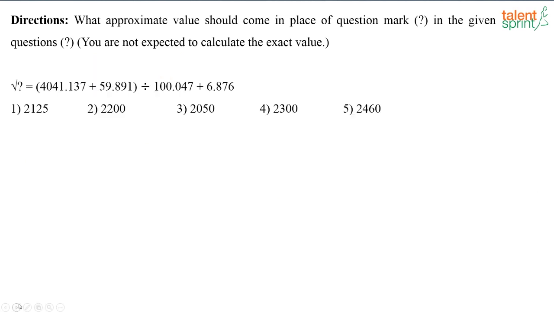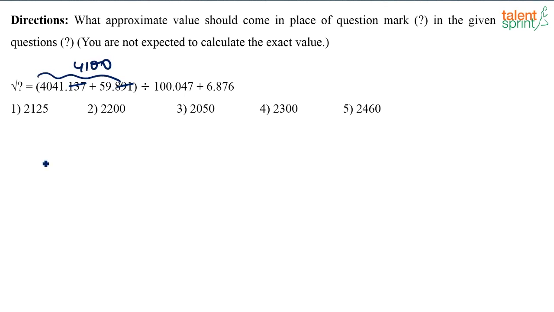Next one. So, what do you have here? Again you can approximate here, right. You have 4 root of question mark is equal to 4041.137 plus 59. So, you can just take it as 4041 plus 59, or you can approximate this value as 4100 and solve.